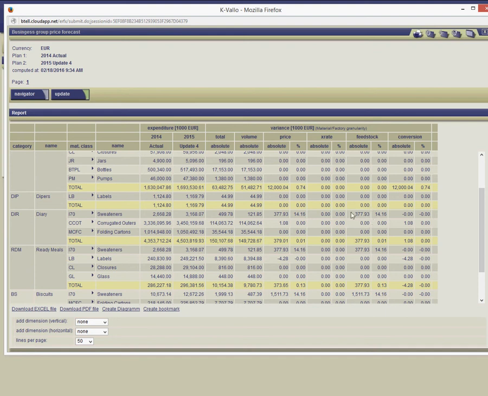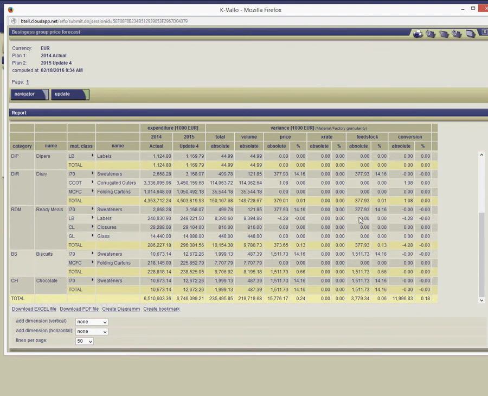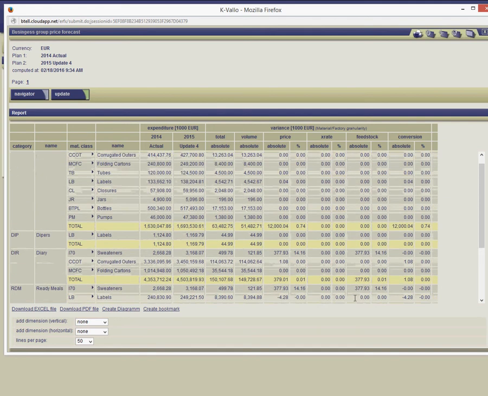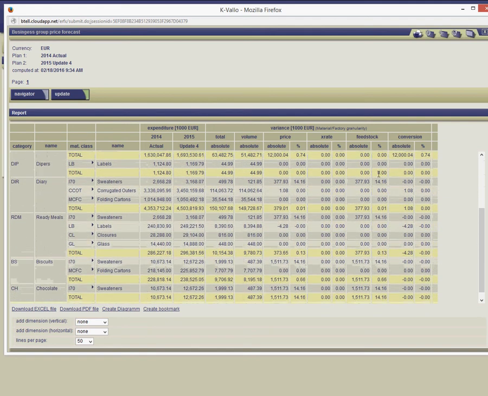It means it's not under the responsibility of the buyer. It is a global market, and all the price changes which are due to global markets we catch in a separate column. So we have an increased expenditure of 3,700 euros just because global feedstock has changed.